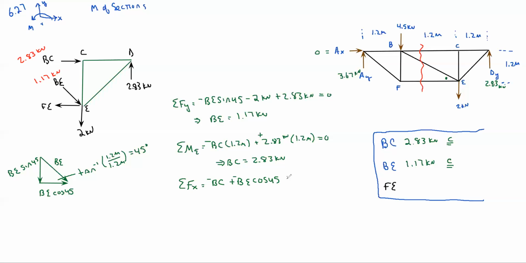And then FE is in the x direction. I guess I'm incorrect. Both of those are positive because FE is negative. Good catch. All right, filling in the stuff that we know. 2.83 kilonewtons for BC. We calculated that one. We did a good job on it too. 1.17 kilonewtons times cosine 45 minus FE is equal to 0.